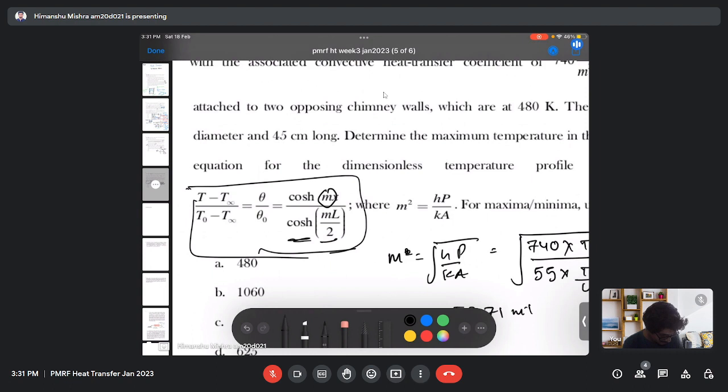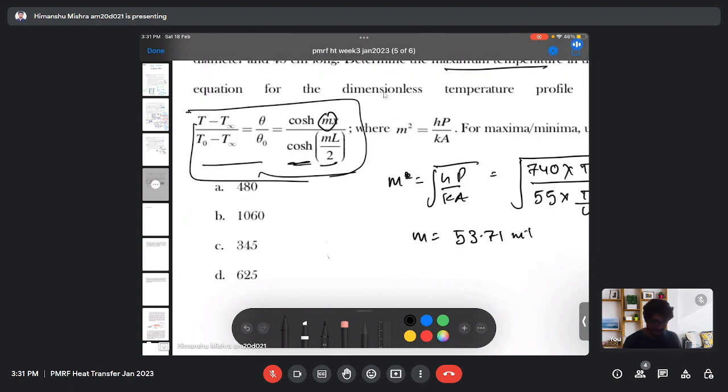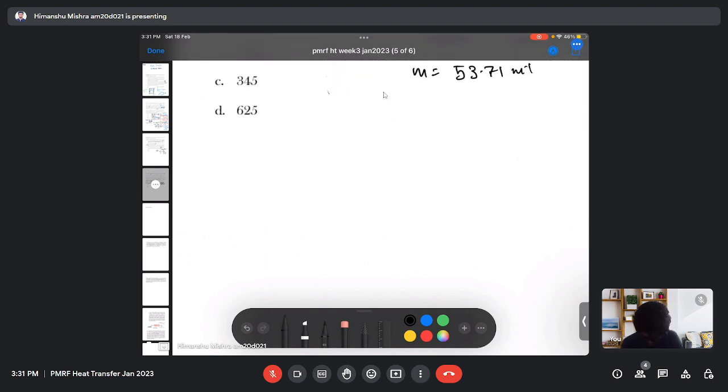So since we need to determine the maximum temperature, we need to take a derivative of this equation and equate it to zero. So the slope should be zero here. So if I take the derivative, let me write the equation first.